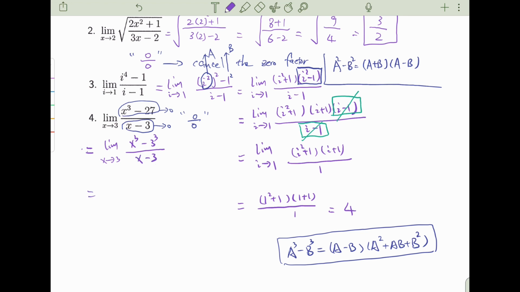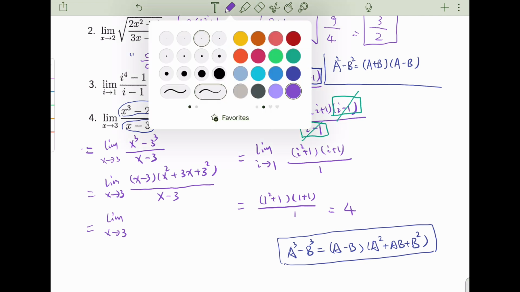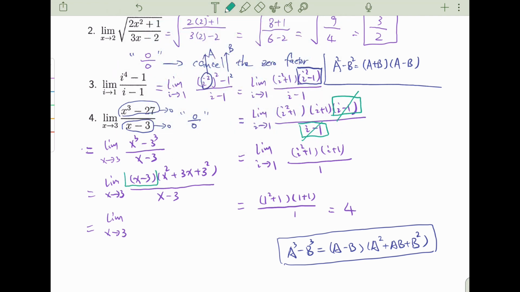Now I apply the difference of cubes formula to write this as (x minus 3)(x squared plus 3 times x plus 3 squared) divided by x minus 3. And now I see that on the top and in the bottom I have the same factor, x minus 3, which is the 0 factor, right? So I can cancel them out as before.